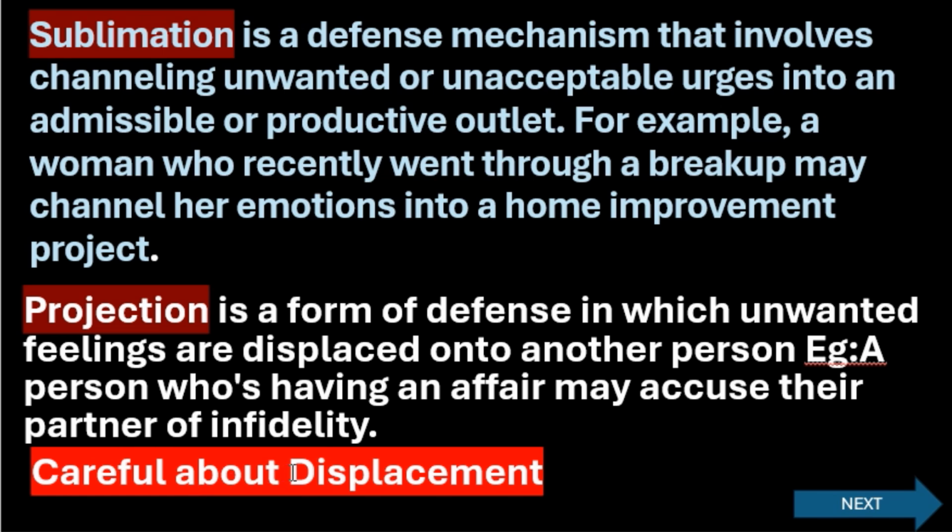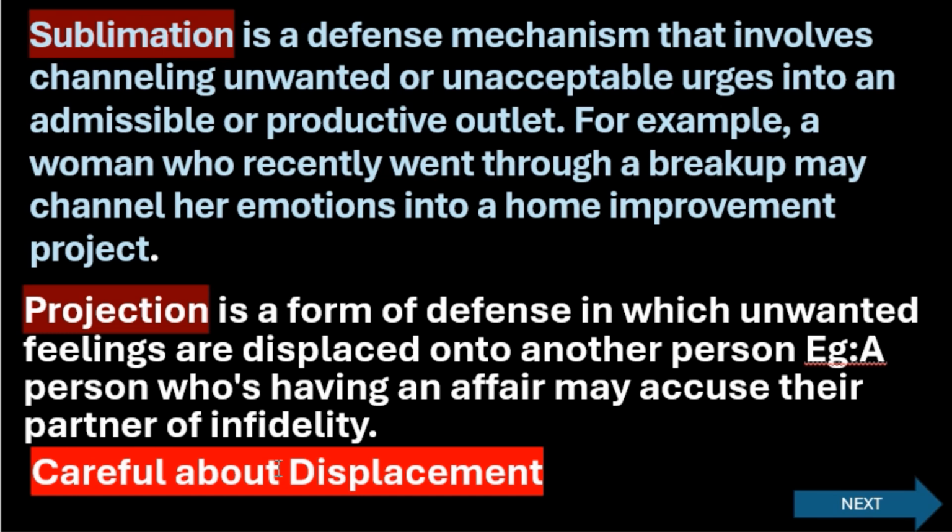Displacement is another mechanism, but the difference is that in displacement the feeling or the expression goes to a third person. For example, if your boss was angry at you, then you cannot react to him.